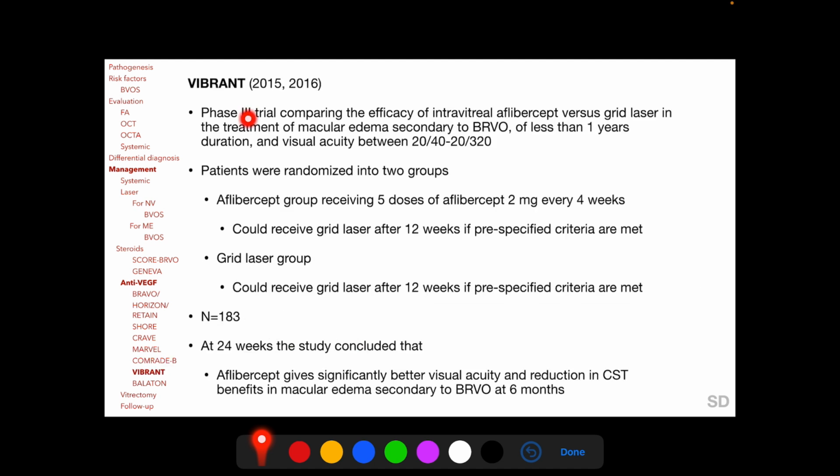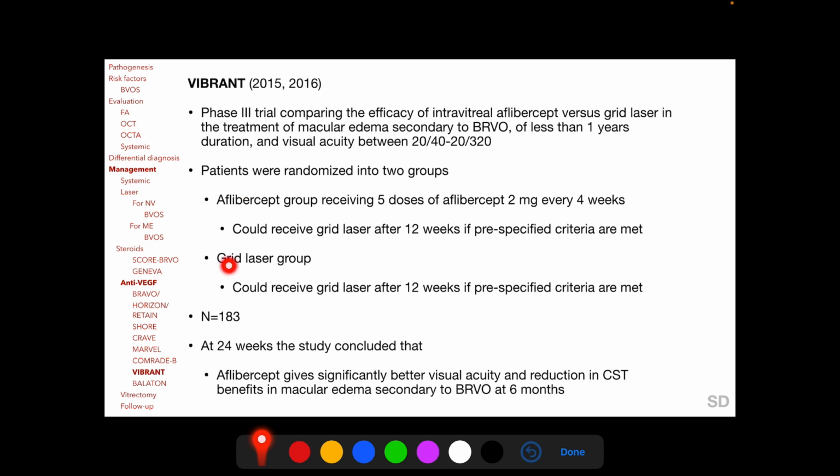VIBRANT was a phase 3 trial comparing the efficacy of intravitreal aflibercept versus grid laser in the treatment of macular edema secondary to BRVO of less than 1 year's duration with visual acuity between 20/40 and 20/320. A total of 183 patients were included and were randomized into two groups, with one group receiving 5 doses of aflibercept 2 mg every 4 weeks and the other group receiving grid laser at baseline.